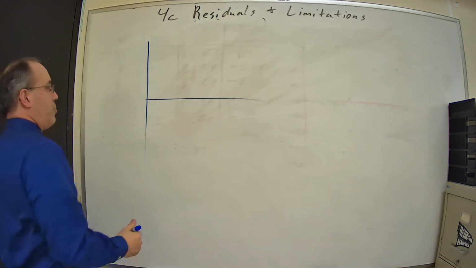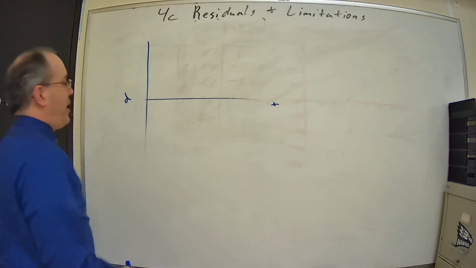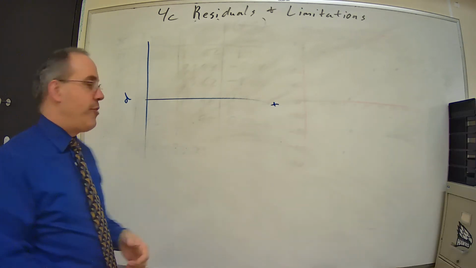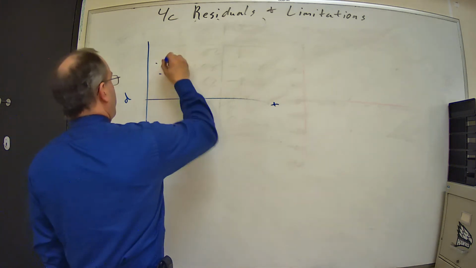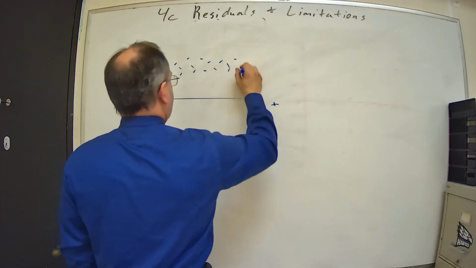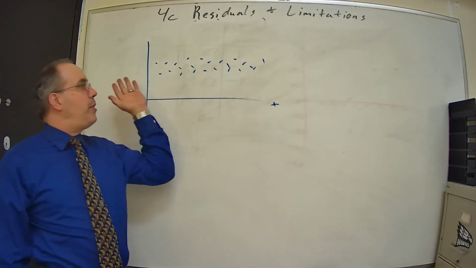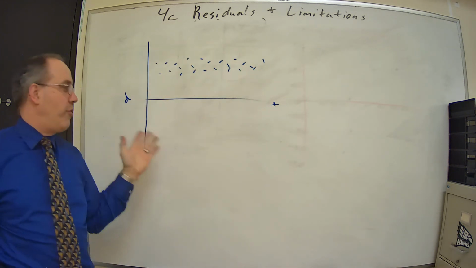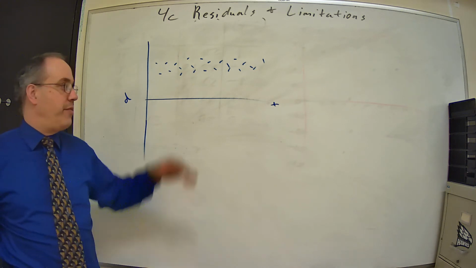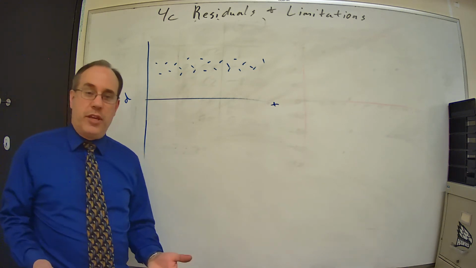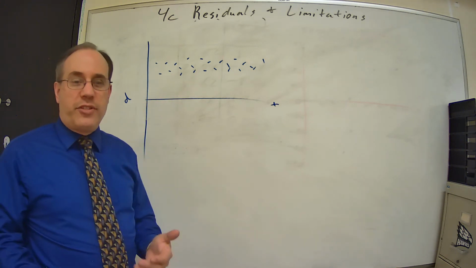If you have a residual plot, I'm just going to label that as X and label this as D. I'm not going to put any numbers in because we're looking in general now. So if I have a residual plot that looks like this, and I see all of my residuals are high or all of my residuals are low, they're all off to one side of the x-axis or of 0, that tells me that my y-intercept is wrong.